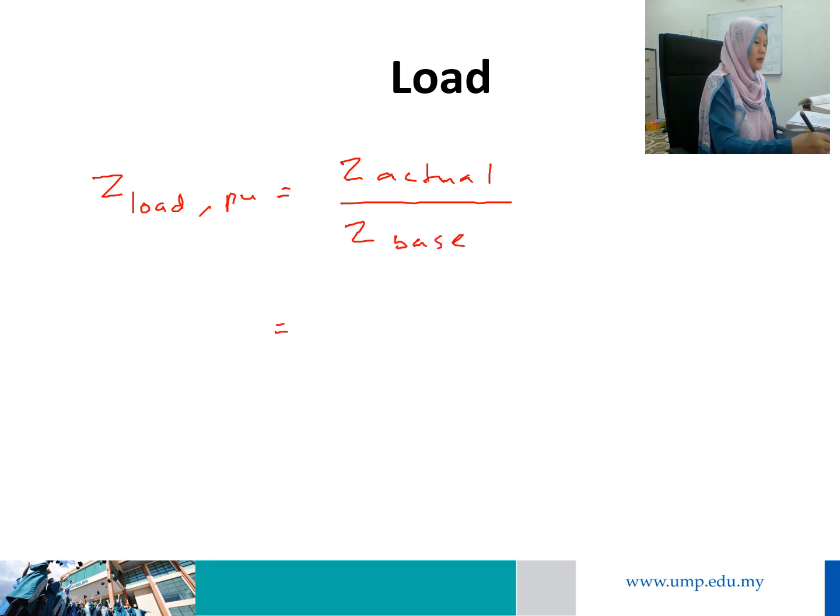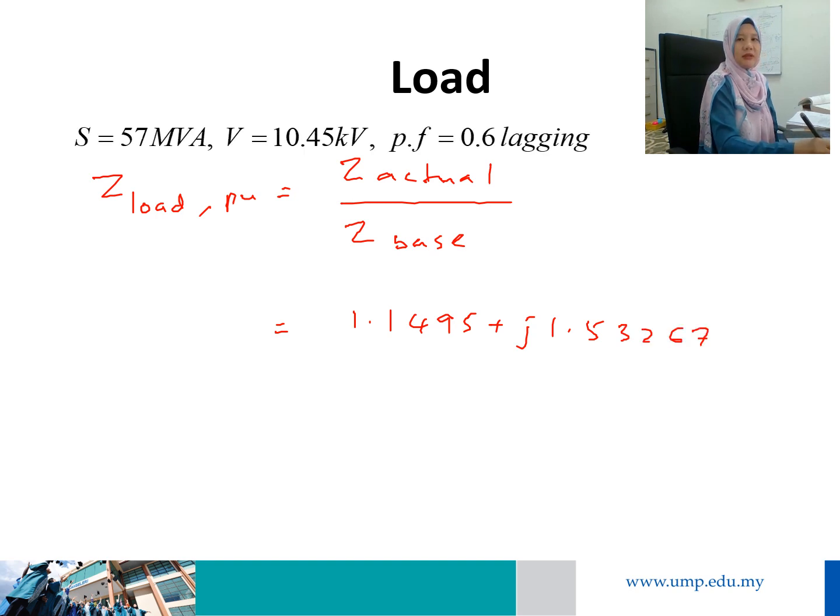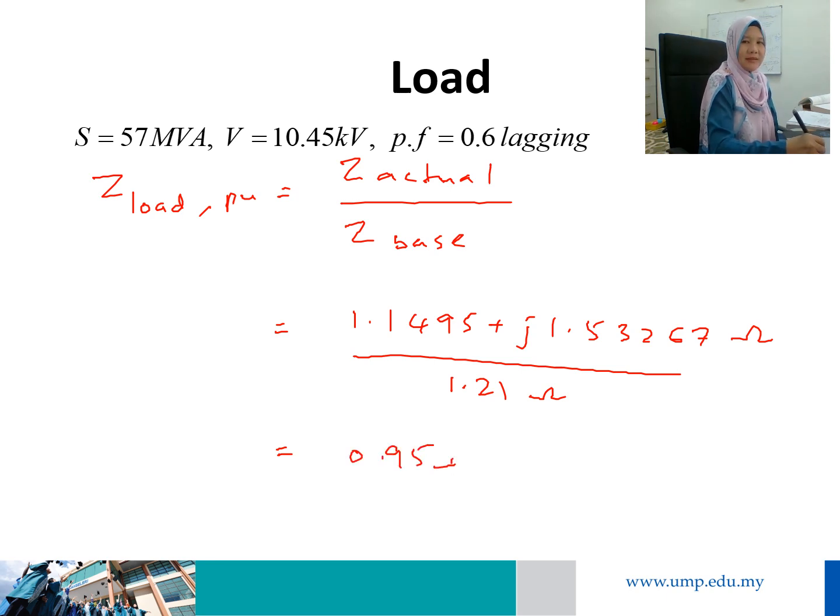So the actual load is 1.1495 plus j1.53267 ohm divided by the base value at region number 4, which is 1.21 ohm. And this is equal to 0.95 plus j1.2667 PU.